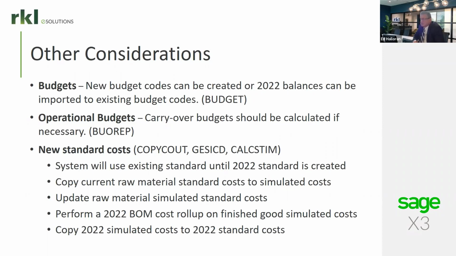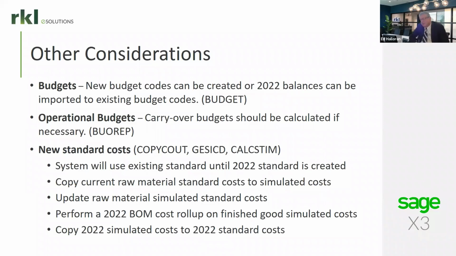And usually what I tell clients to do then is run the valuation report using the current standard cost, and then run the valuation report using the new simulated cost. And that's going to give you an idea of what's going to change, or what the posting is going to be in the general ledger for the change in the standard cost.